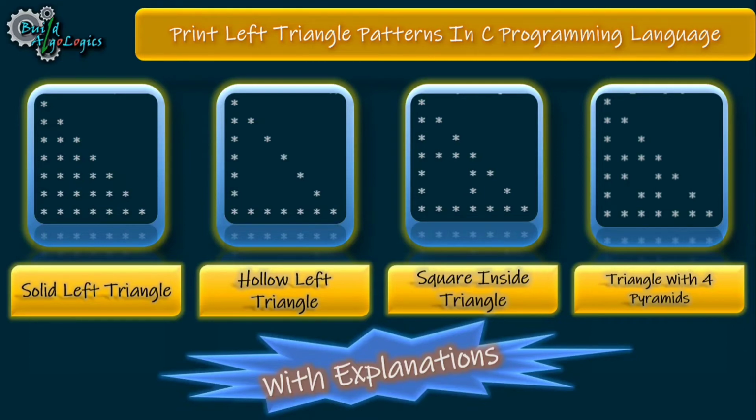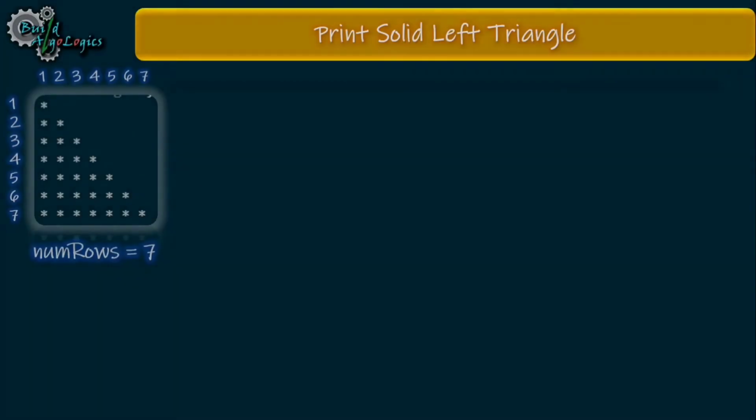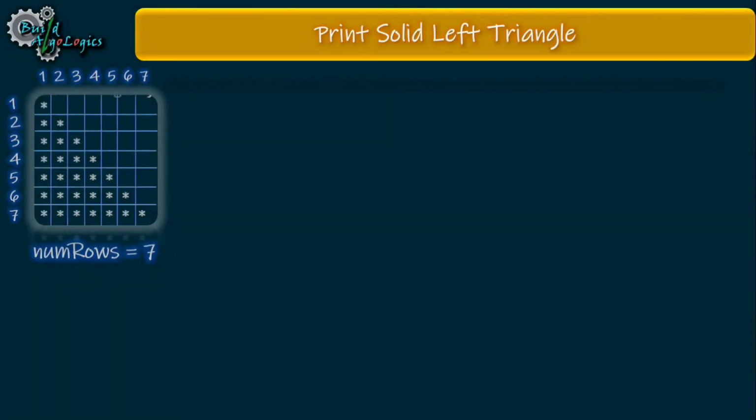Alright, so now let's see how we can write our code for printing the first solid pattern. Here the number of rows is 7, but in each row the column value is different. As you can see here, for row val 1 col val is also 1, for row val 2 col val is 2, and for row val 3 col val is again the same as row val, and so on.